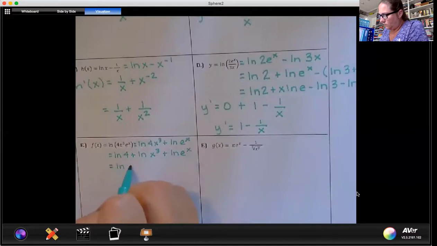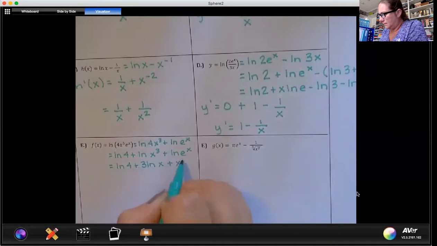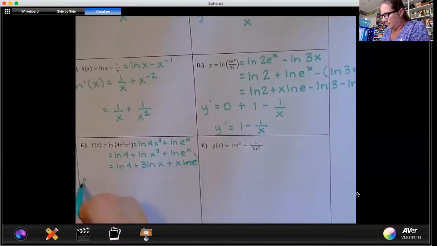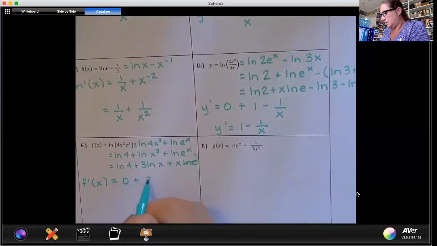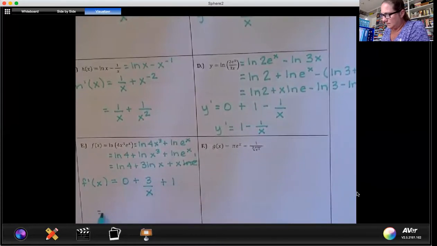That's ln of 4 plus 3 ln x plus x ln e. Remember, ln of e is 1. Now you're ready for your derivative. The derivative of ln of 4 is 0, plus 3 times 1 over x, plus the derivative of x is 1. So 3 over x plus 1.